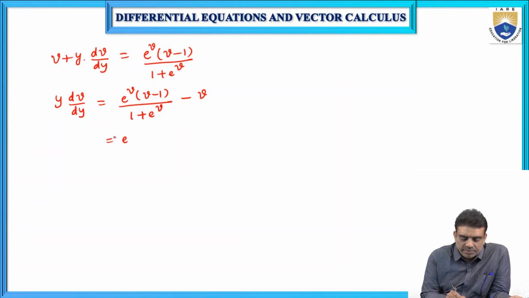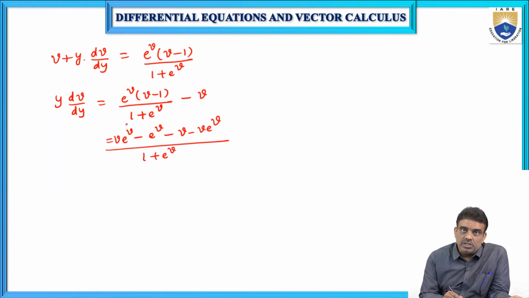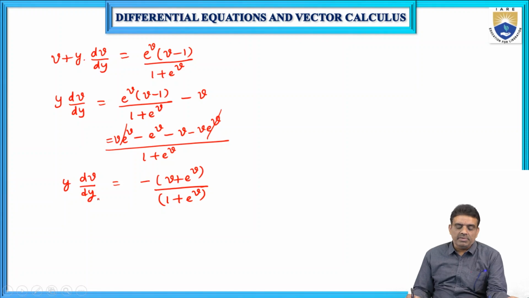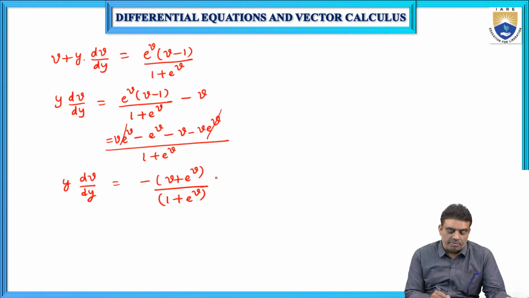Or I can write it as v e power v minus e power v minus v minus v e power v by 1 plus e power v. So this v e power v gets cancelled. You get minus of (v plus e power v) by (1 plus e power v) is equal to y into dv by dy. You can observe that the right hand side is a pure function of v.